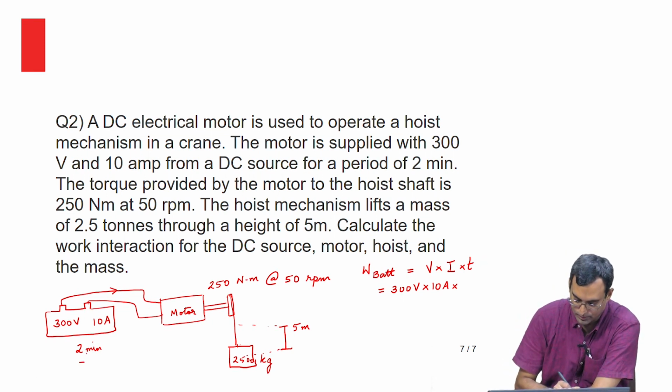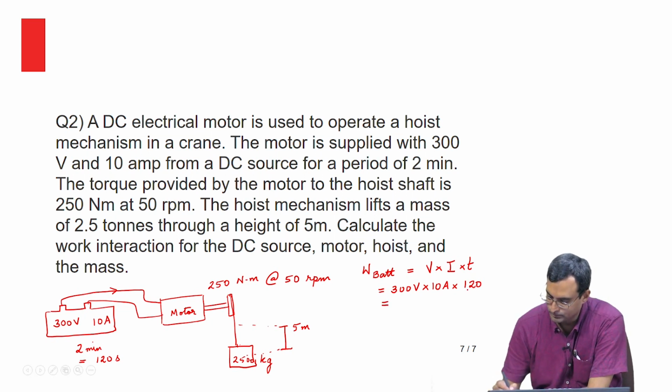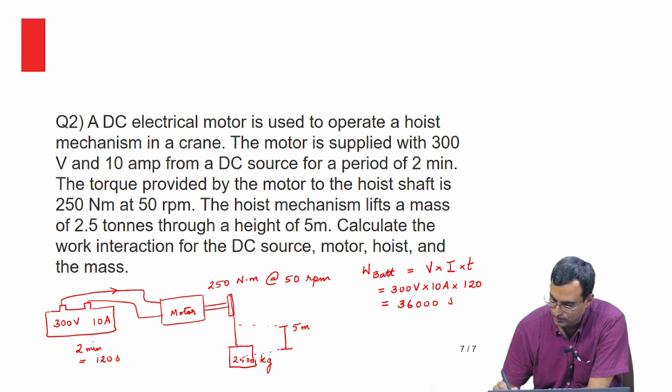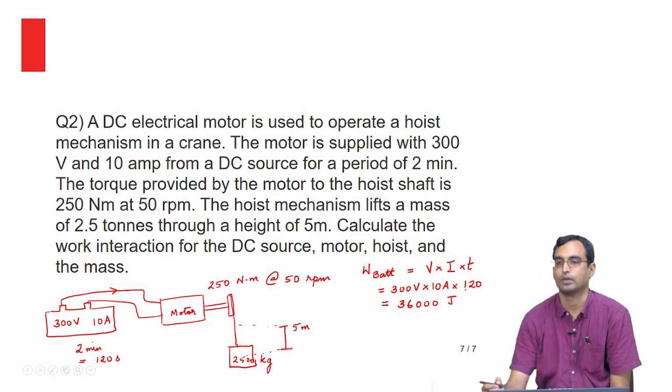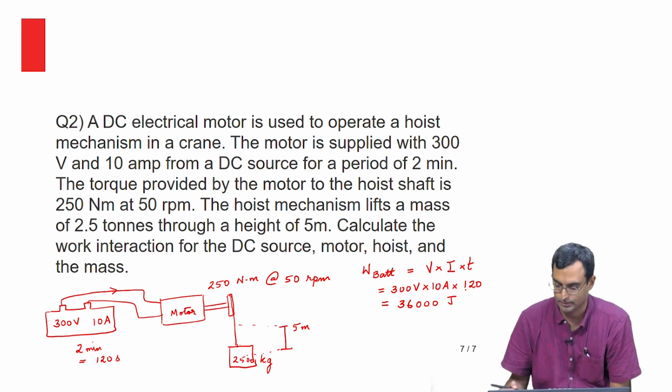We are going to use SI units as usual. So, this is 120 seconds. So, we have 3 12s as 36, and then we have 3 zeros. This is the work interaction for the battery. It is positive for the battery because the battery is doing work on its surroundings.